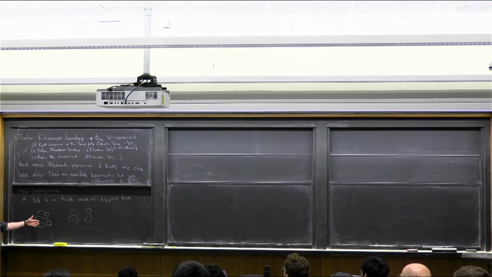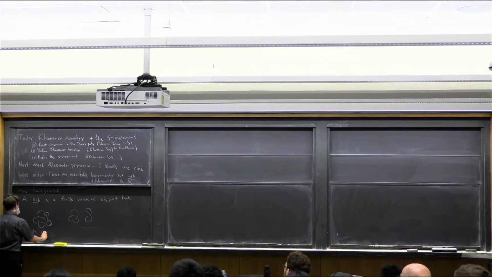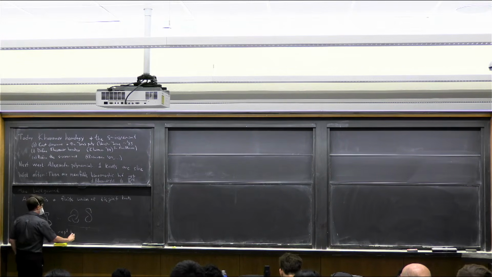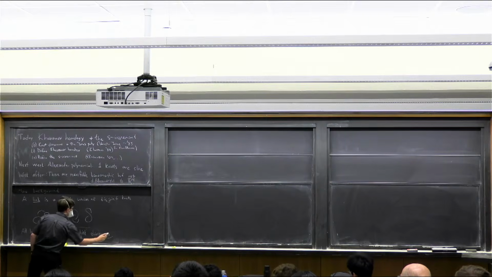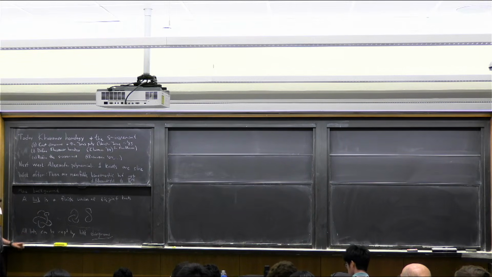Of course, these are 3-dimensional things. It's in 3-space. I'm not drawing the link. So all links can be represented by link diagrams, which is what I've been drawing. So what's a link diagram?